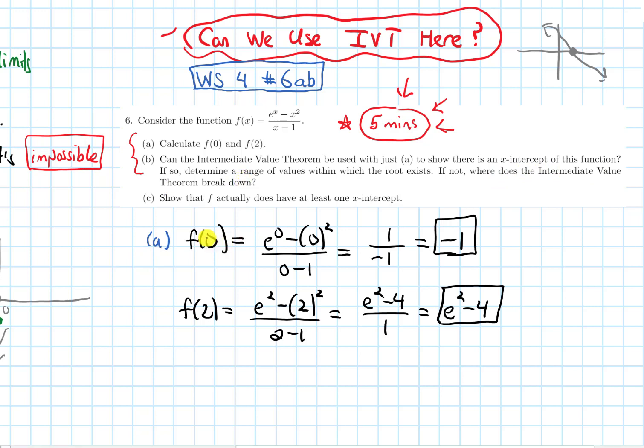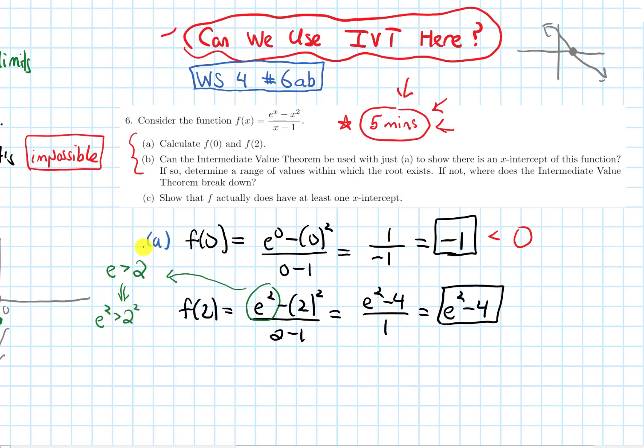So the key observation with these two numbers is that negative 1 is less than 0. That is negative. And f of 2, because e is greater than 2, e is about 2.7, when I square this, e squared is going to be greater than 2 squared.